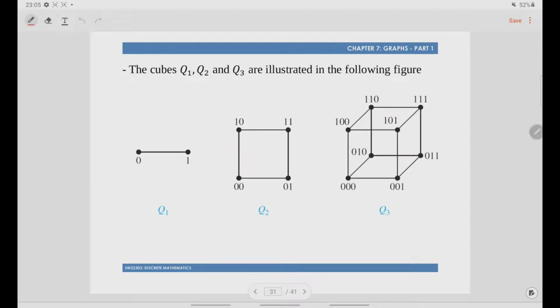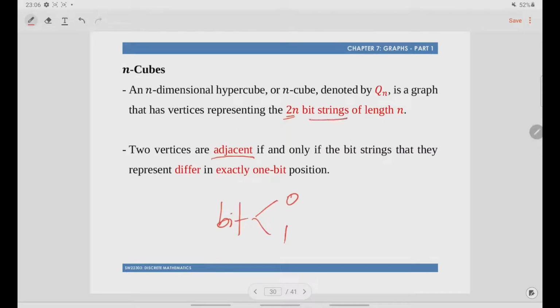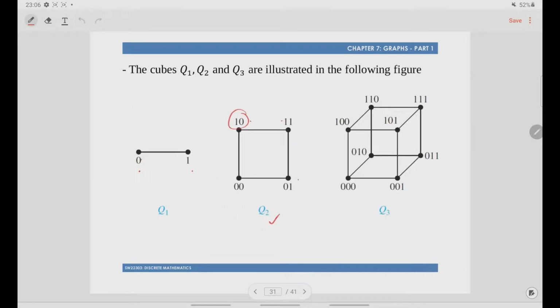So I give you examples of n-cubes. For n equal to 1, we have Q1, which means we have two vertices, and each vertex has its bit representation: 0 and 1. This is for Q2. How many vertices do we have? We have 4 vertices, and each vertex has 2 bits, because this is Q2, so the bit string length is 2.